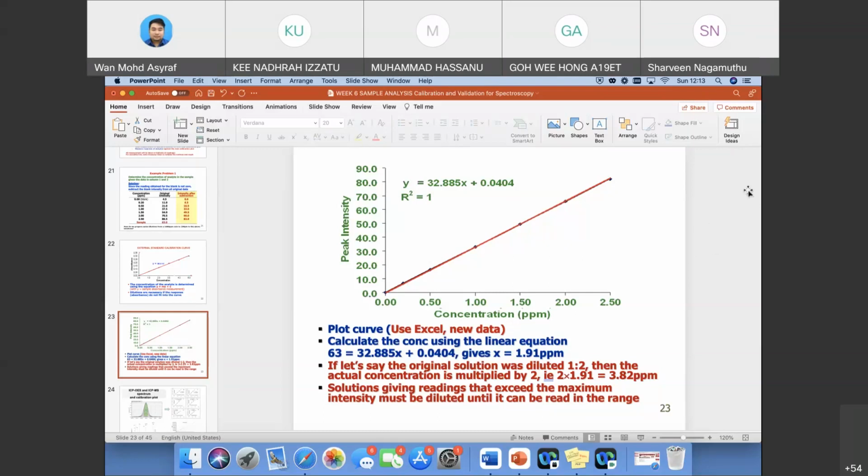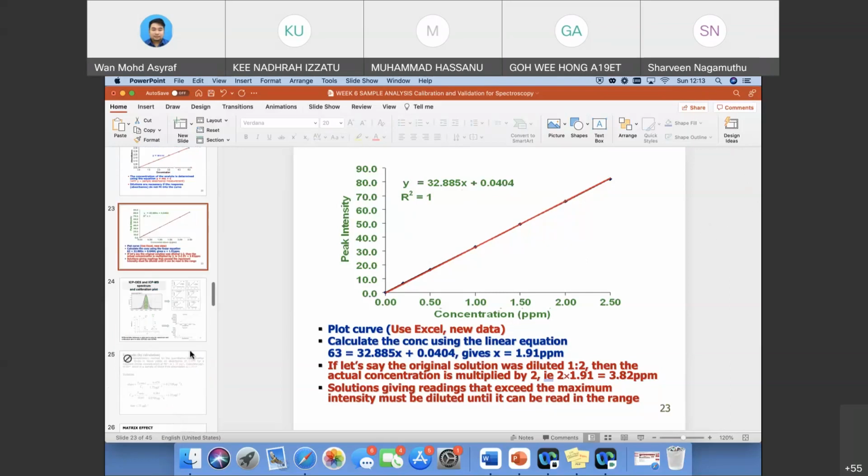If it is more than 82, you need to extend your calibration curve, which will comprise the intensity tadi, itulah your unknown. Okay, understand tak? Yes, Doctor. Faham. Okay, alright. Thank you.